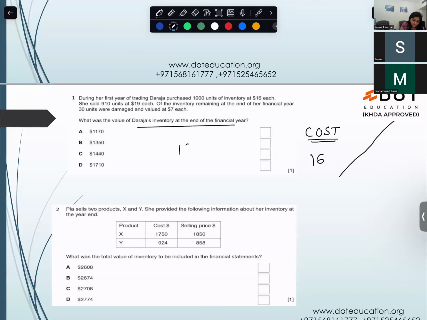Miss, there's damaged goods in this. 1,000 units was there. 910 is sold. So balance is how many units? It's 90 units. Yeah, please use calculator and speak sense.